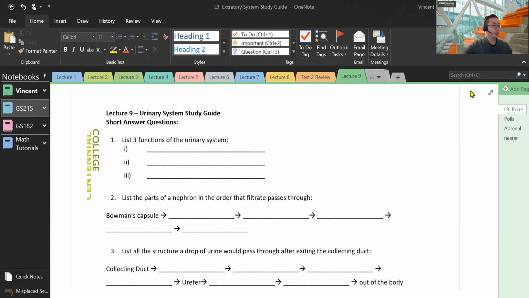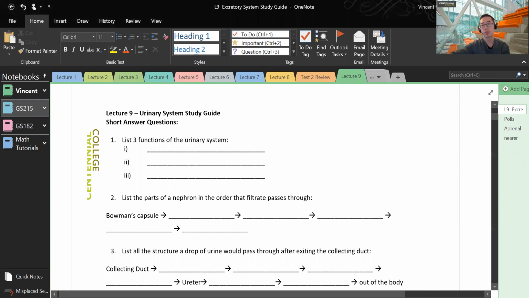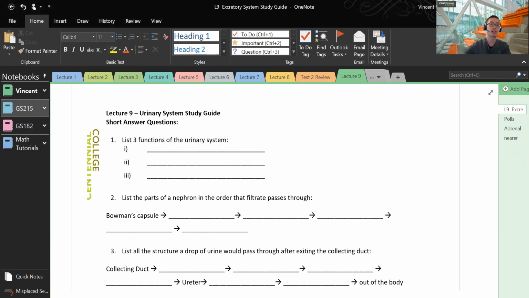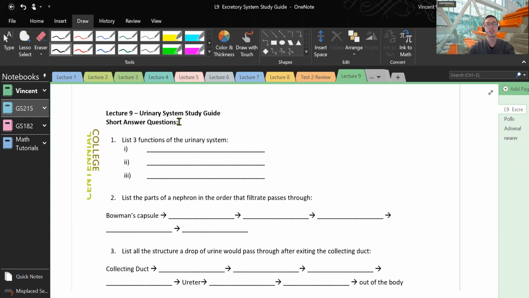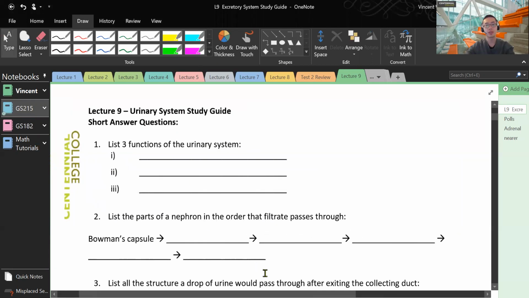Okay, today we're going to be starting the new unit, unit number 3, which includes the urinary system, reproductive system, skeletal muscle system, as well as the endocrine system. To start off the unit, we will begin with the urinary system, which is quite a lot of information.